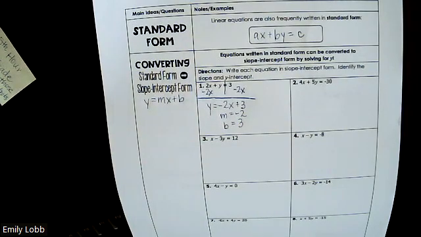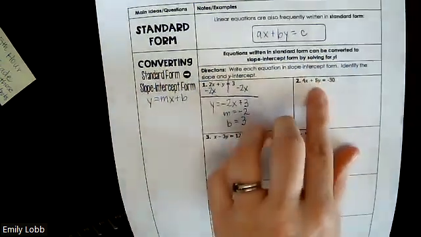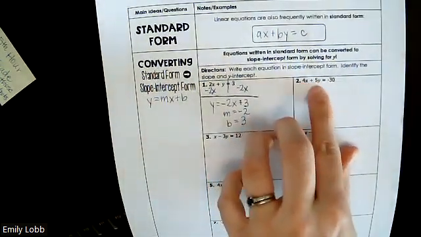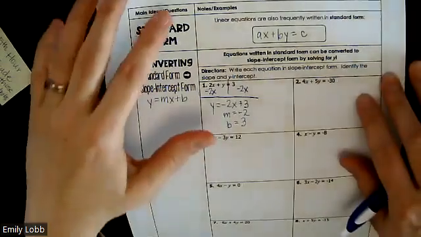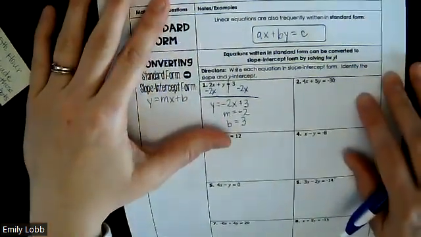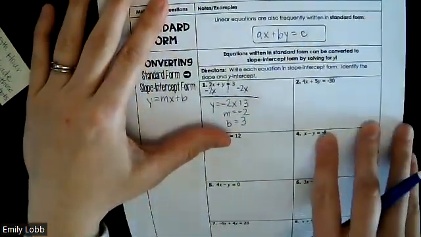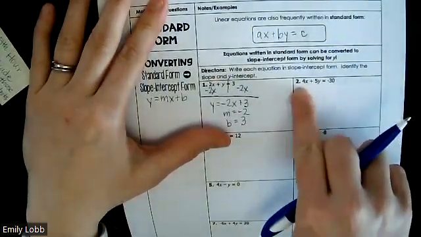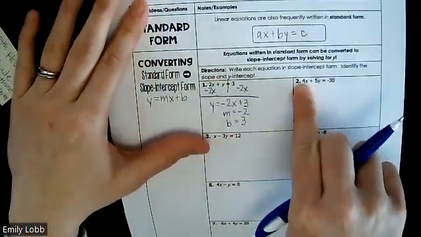All right. So that wasn't so bad, but this next one's going to be a little bit trickier because right away I see I can't just get rid of this because I have a 5y and I want to know what 1y is. So here's where it gets a little tricky. Are you ready? First of all, I can't do anything to this 5y until I get rid of this 4x.